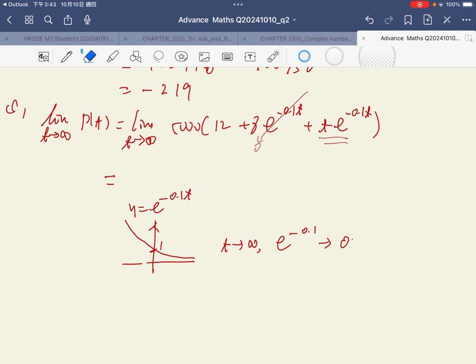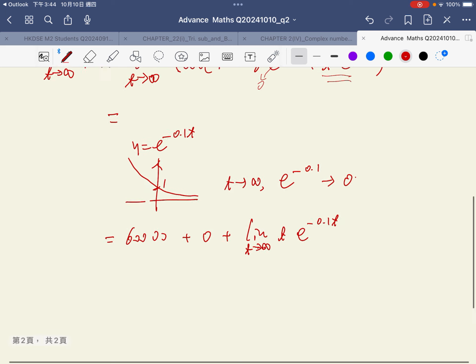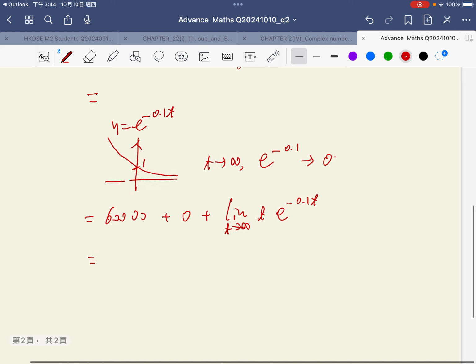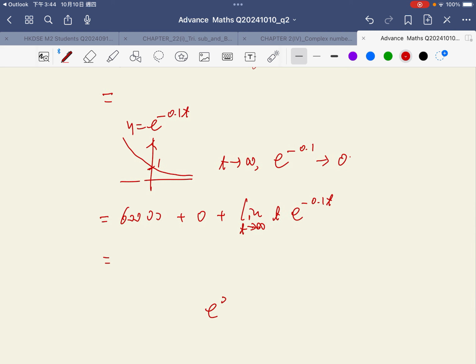And this is 5,000 times 12, which is 60,000. And the second part is 0. The third part, for the third part, e to the power x is equal to 1 plus x over 1 factorial plus x squared over 2 factorial.